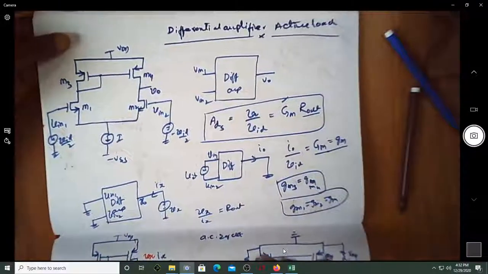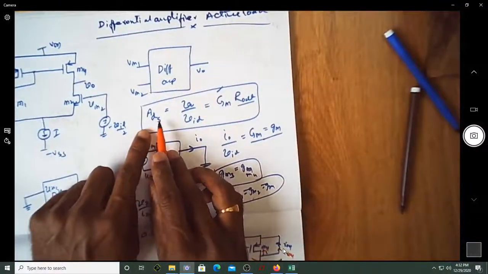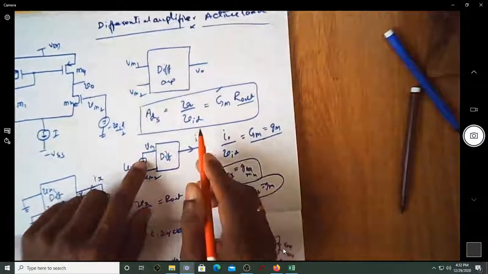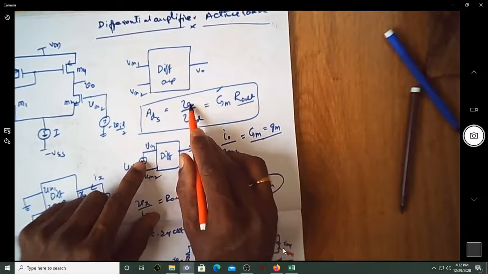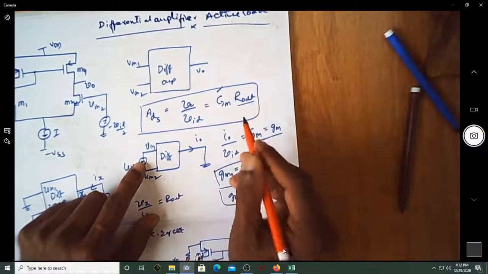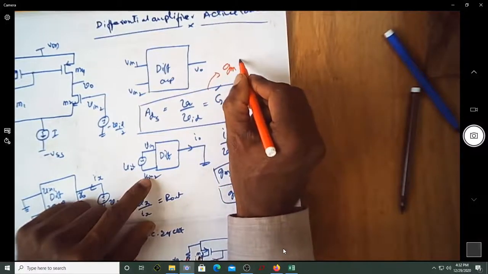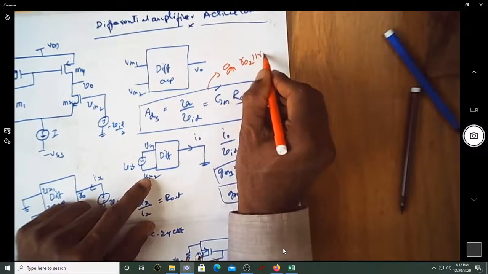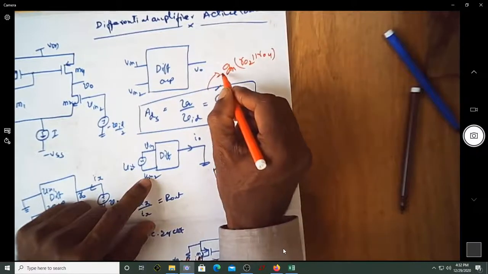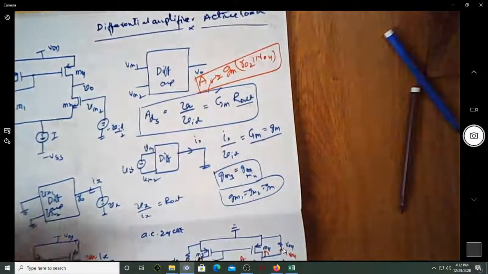So we are trying to look at the differential gain with single ended output, which is V0 by VID, which is equal to capital GM into R out, found to be small gm into R02 parallel with R04. This is the gain of the differential amplifier with active load.